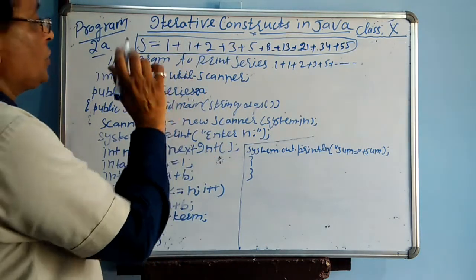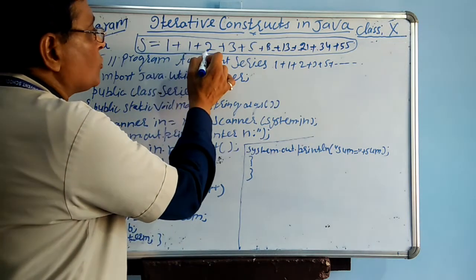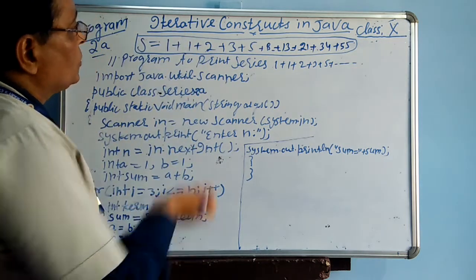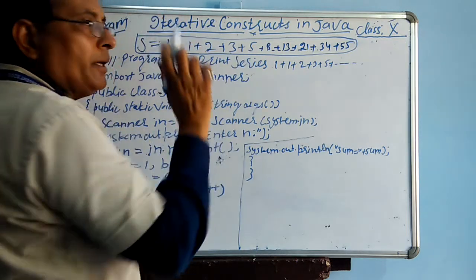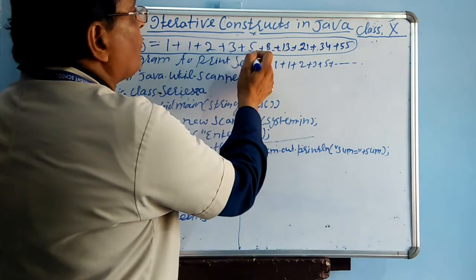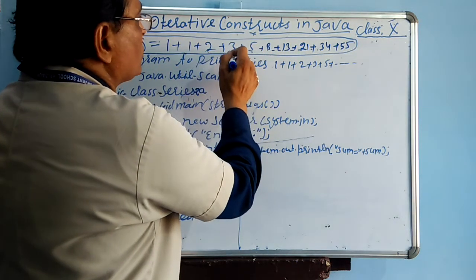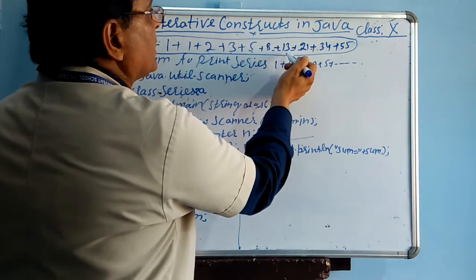Look very carefully: 1 plus 1 is equal to 2. Now this 2 will be added to 1, so then the next digit will be ready. Then 3 plus 2 is 5, then 5 plus 3 is 8, and 8 plus 5 is 13.